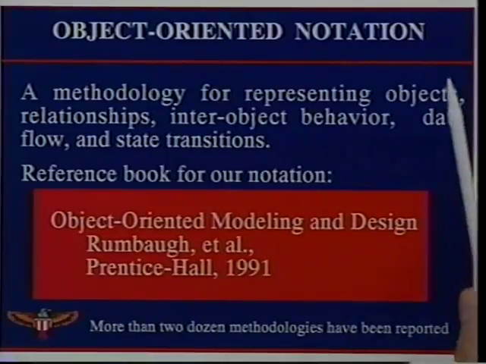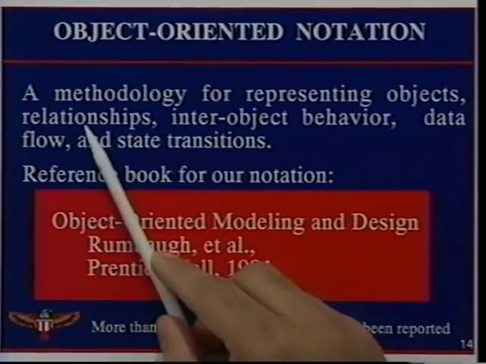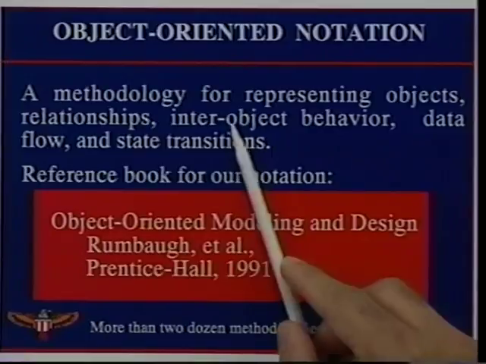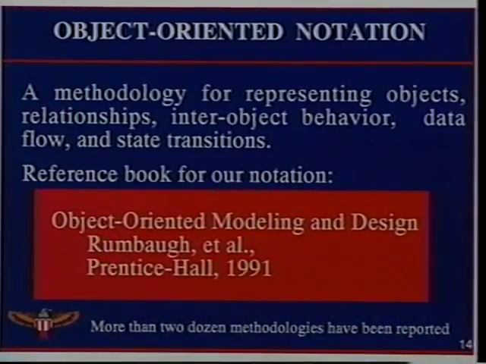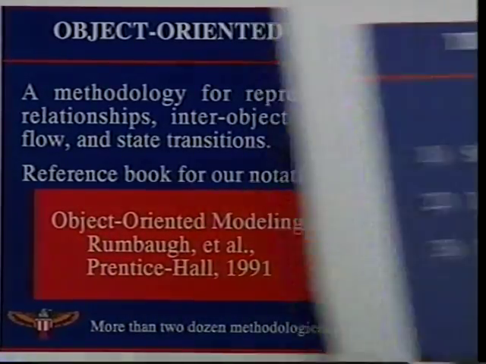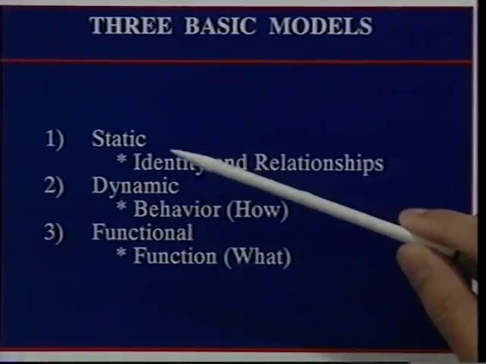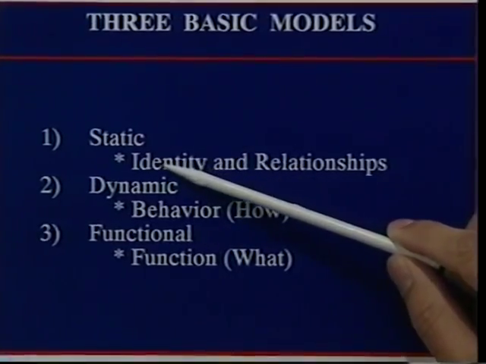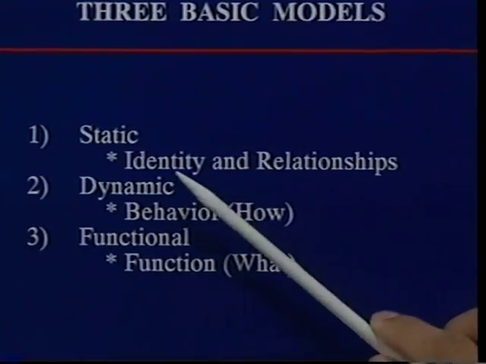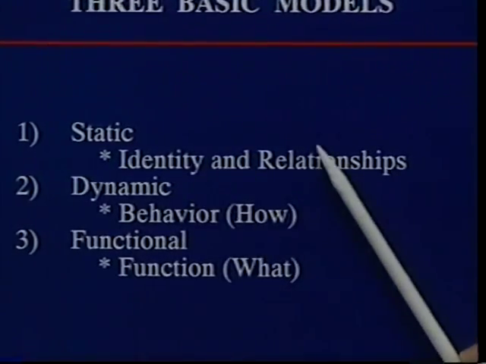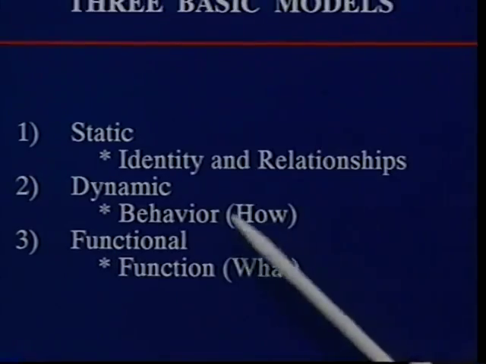So the object-oriented notation is a methodology for representing objects, relationships between objects, inter-object behavior, data flow, and state transition. Rumbaugh in his book describes three basic models for object-oriented modeling. One is a static model, and we have seen an example of the static model before, where you develop the objects and the relationships between objects, and I will describe that in a more formal manner.